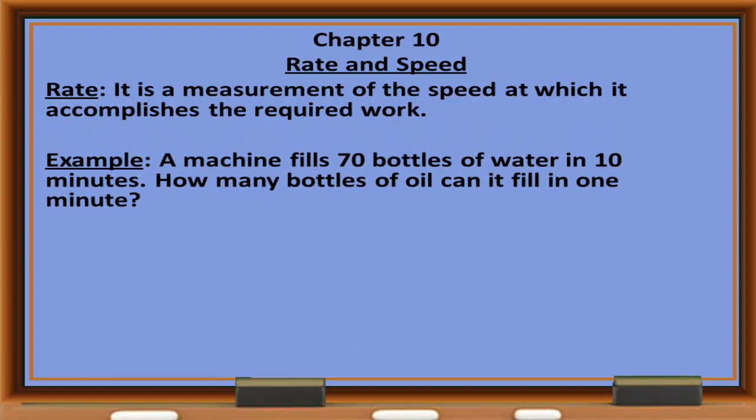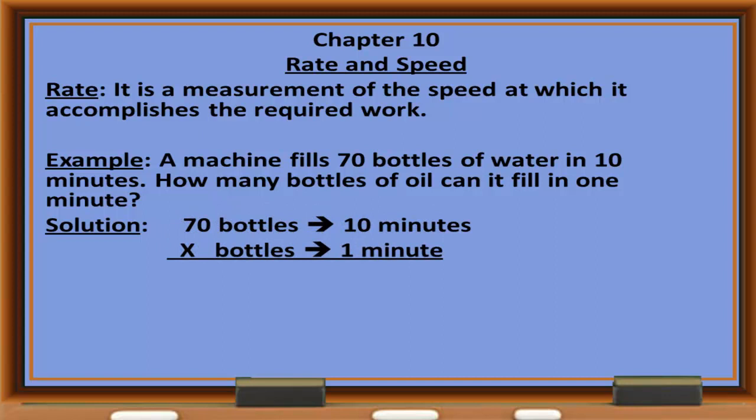Example: a machine fills 70 bottles of water in 10 minutes. How many bottles can it fill in 1 minute? Solution: for 70 bottles, the machine takes 10 minutes to fill them.